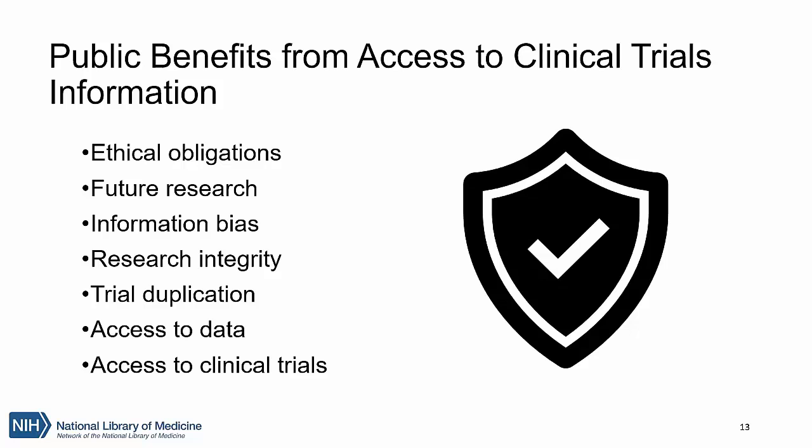Now we're going to discuss the public benefits from access to clinical trials information. There are a lot of benefits to the public from having access to clinical trials information. It helps researchers meet ethical obligations to human subjects. It informs future research and research funding decisions. It mitigates information bias, for example, the non-publication of results data. It evaluates research integrity, for example, adherence to a protocol.